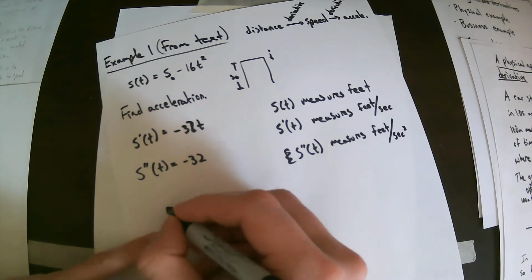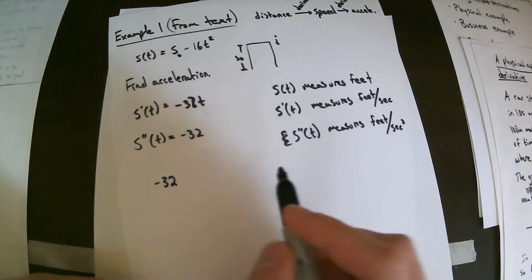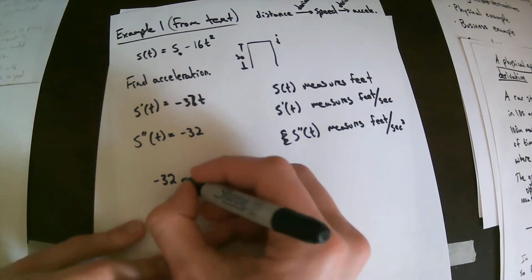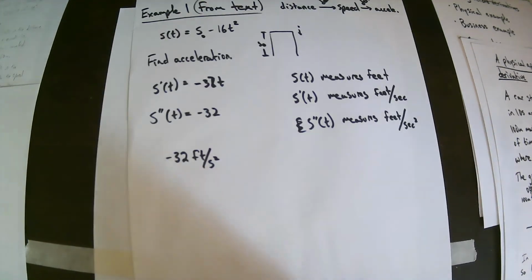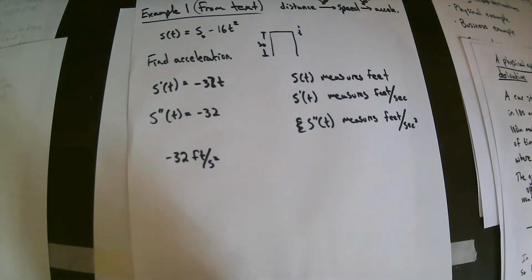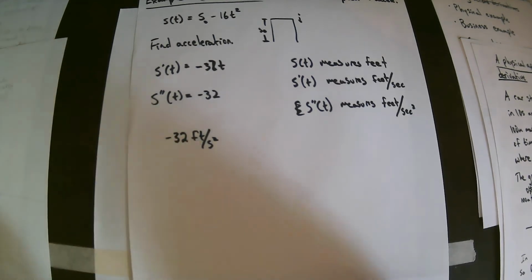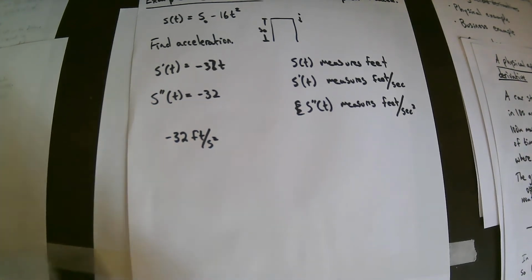So the acceleration of an object in units of feet and seconds, the acceleration of an object on Earth that's dropped, has an acceleration of negative 32 feet per second squared. By the way, it's negative because it's going down. One of the things you run into in physics is you've got to know what your frame of reference is.